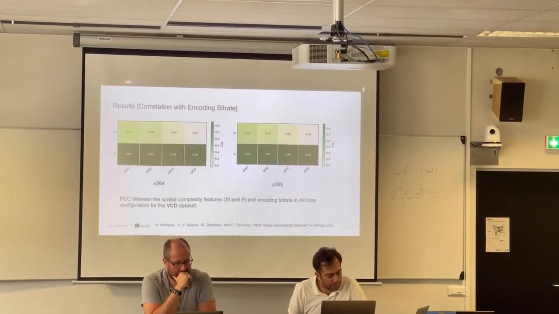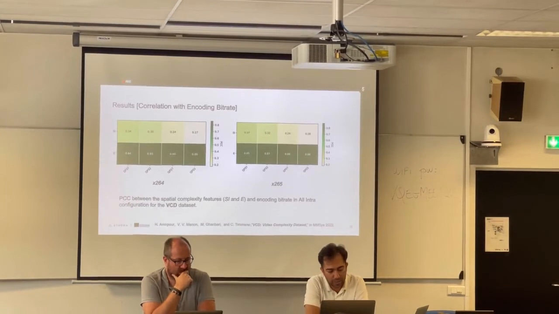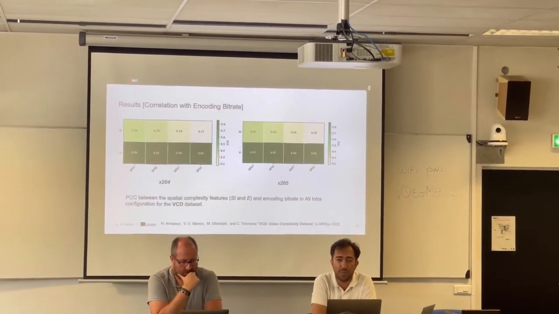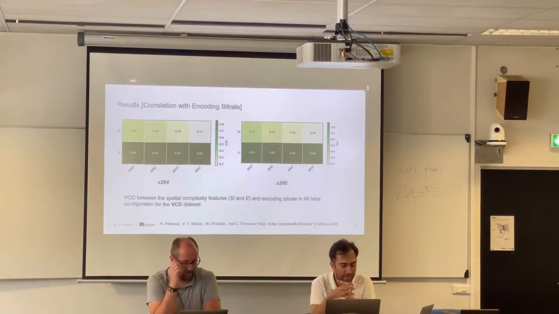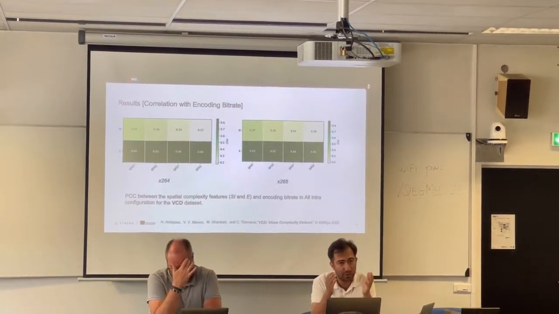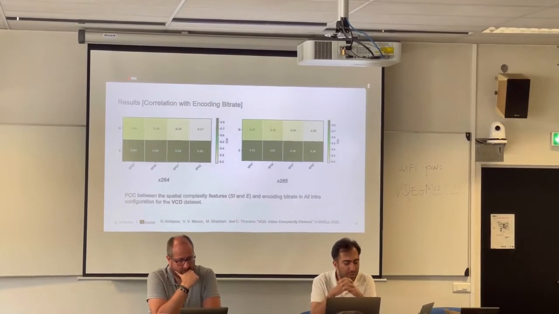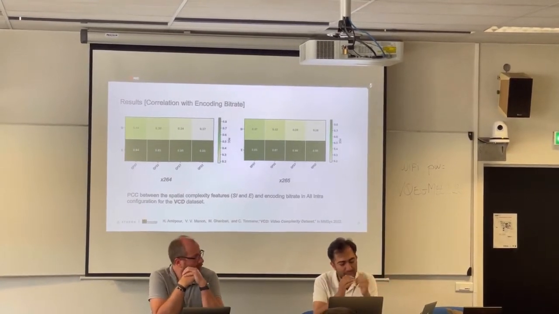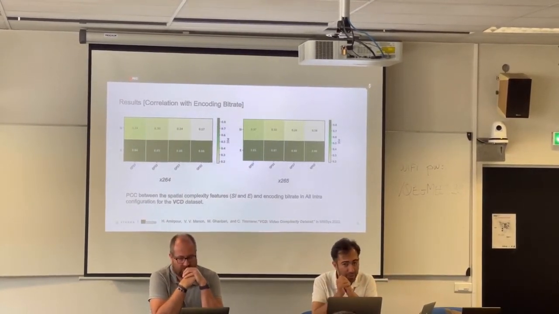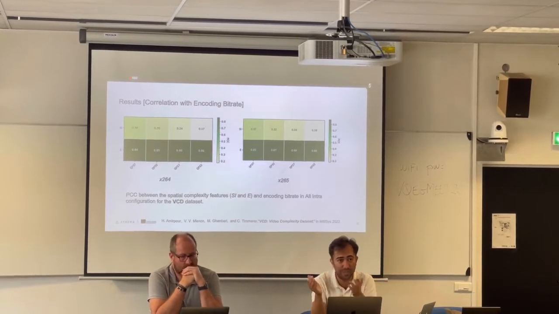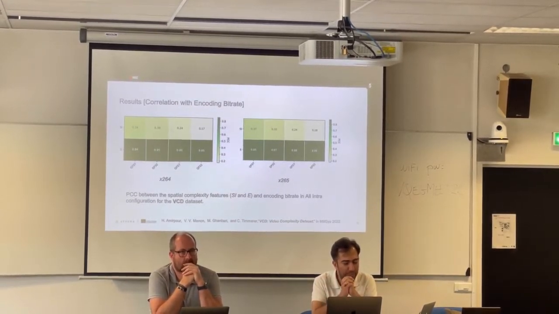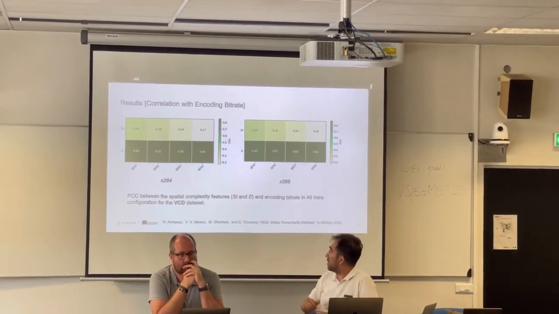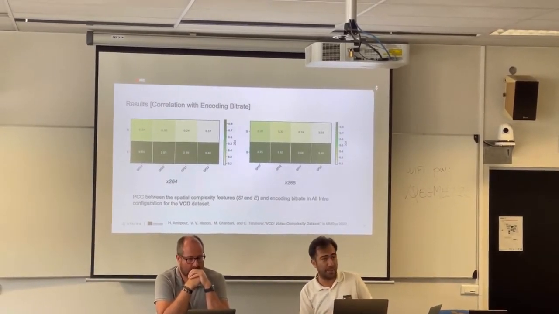So to calculate the correlation, we encode 500 video sequences, all in intra mode, and then we calculate their bitrate, and we calculate the correlation between the spatial complexity features, the state-of-the-art SI, and our spatial complexity E, for 2 codecs, x264 and x265. And we can see that the correlation for E, or the proposed spatial complexity, is much higher than SI.